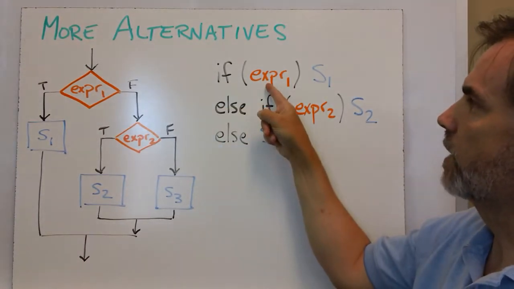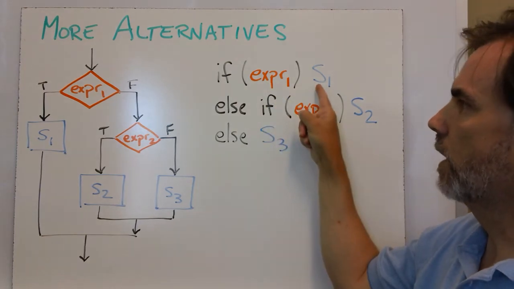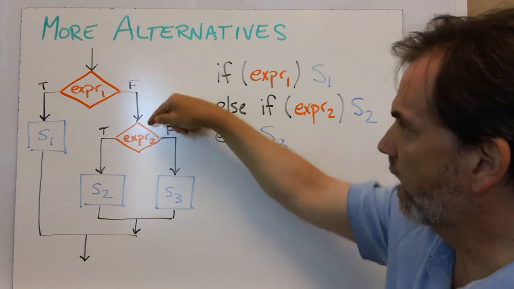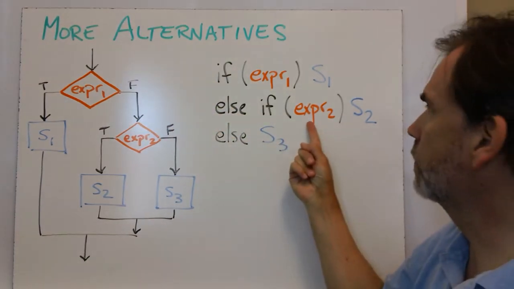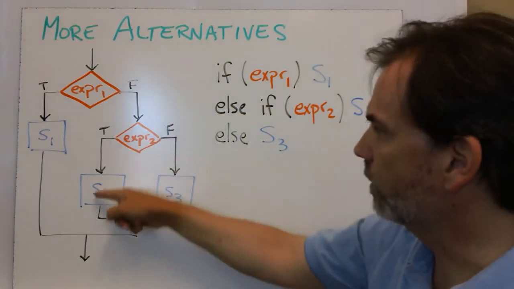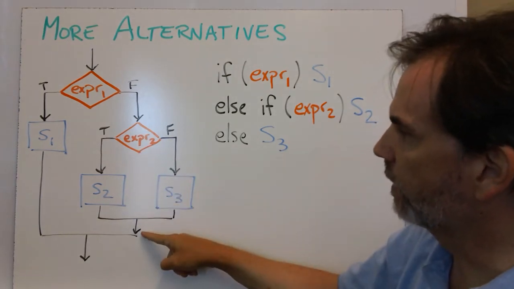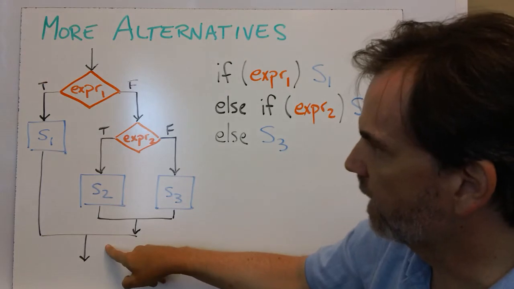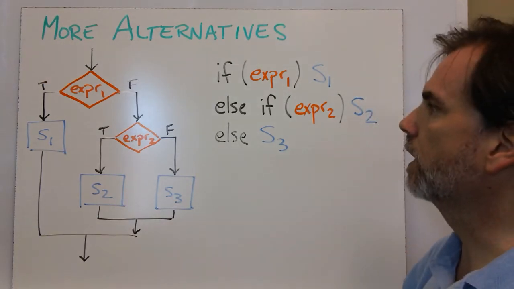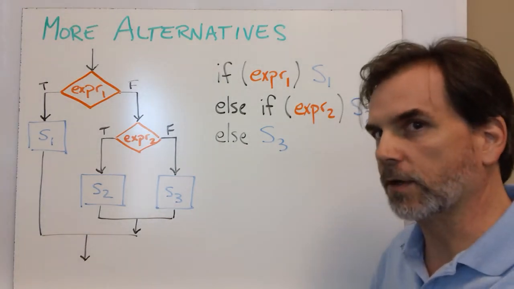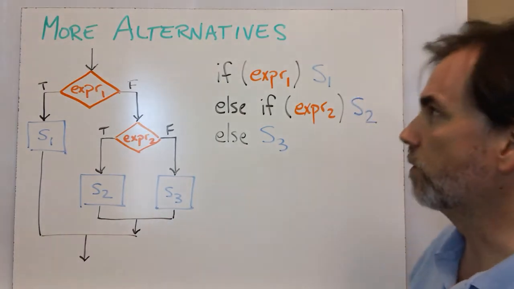So if expression 1 is true, we do S1. Else, if expression 1 is false, we go this way and we evaluate expression 2. If that's true, we do S2. If it's false, we do S3. We exit the inner if, combined with the outer if, and we're done. We can do this as many times as we want. We're not limited to 3 or 4 or 5, as many times as you want.